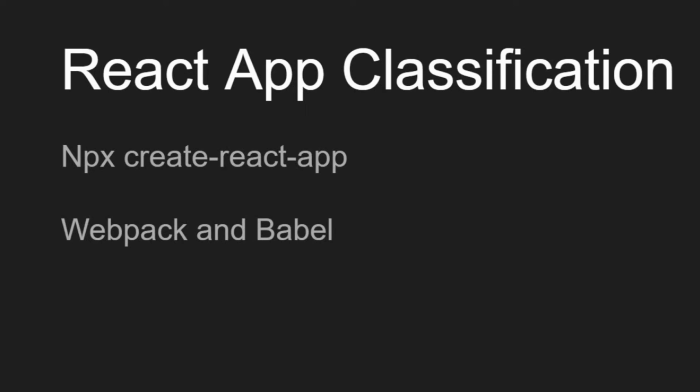In the second tutorial, I explained how to create a React app using the npx command, and in the third tutorial, I explained what all the classifications are that can be done to create React applications. And in this tutorial, I'm going to explain the second classification, which is nothing but creating a React app using Webpack.